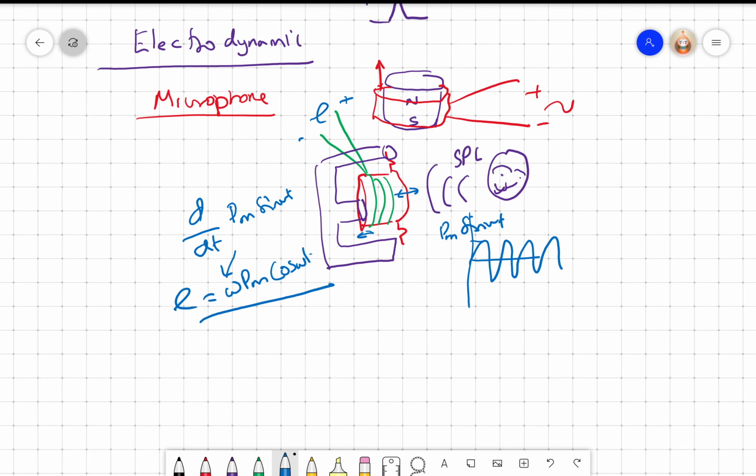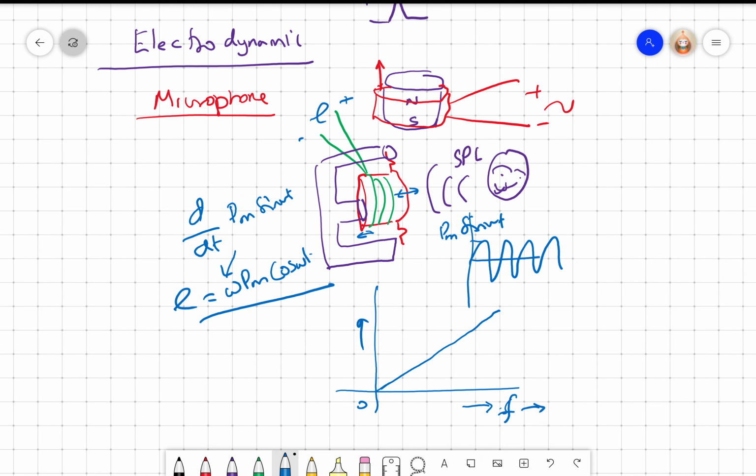So if I draw the frequency versus response characteristics, it will start from 0, because when I have DC, dφ by dt would be 0, and hence I will not get any output. So this is 0, this is higher frequency.